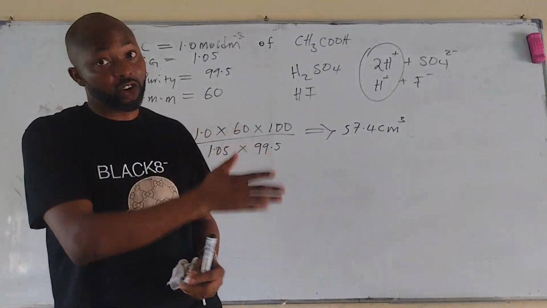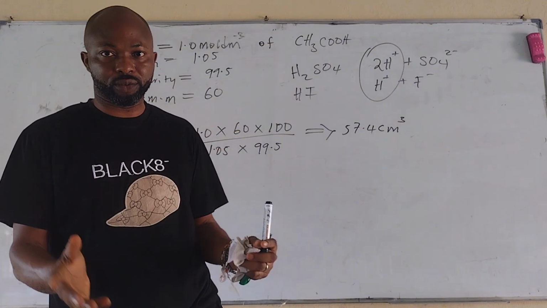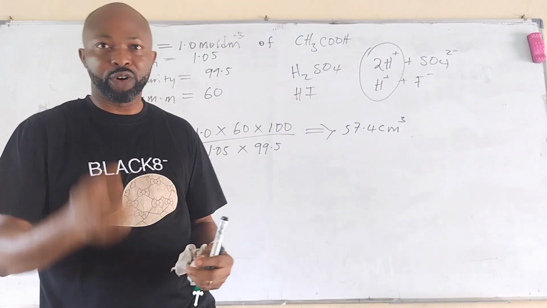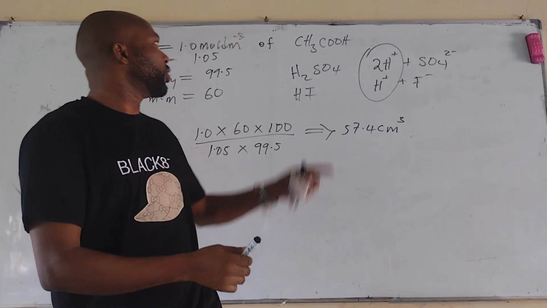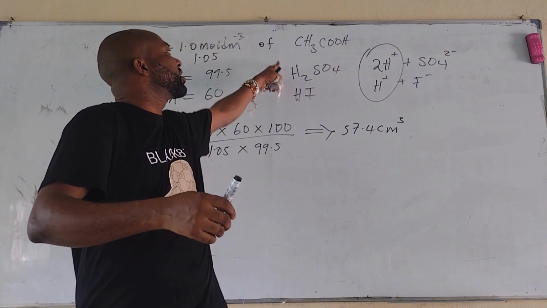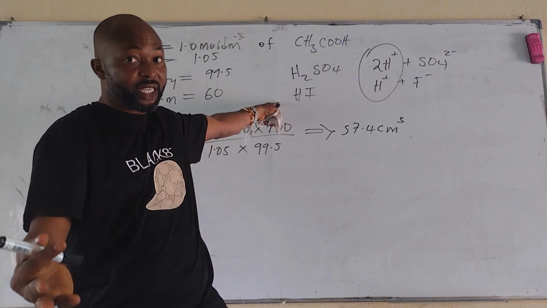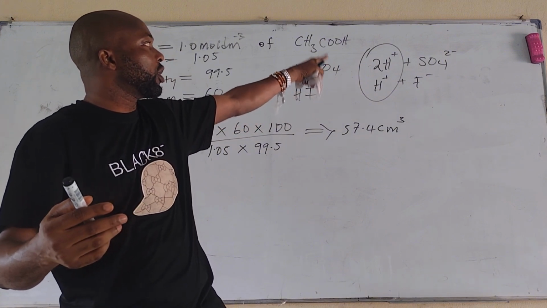But we use them in industries, fine, but not in the classroom because it's too powerful. But based on the strength of acid, we say this is more powerful than this because of its ionization power.